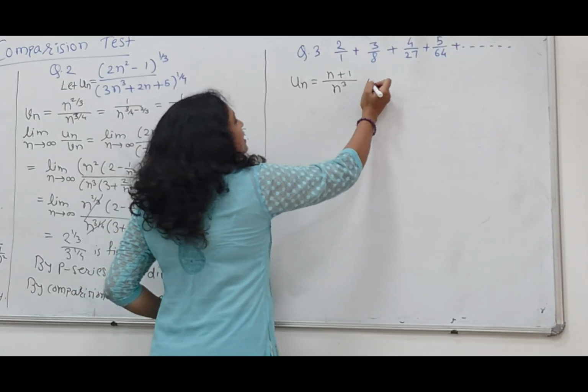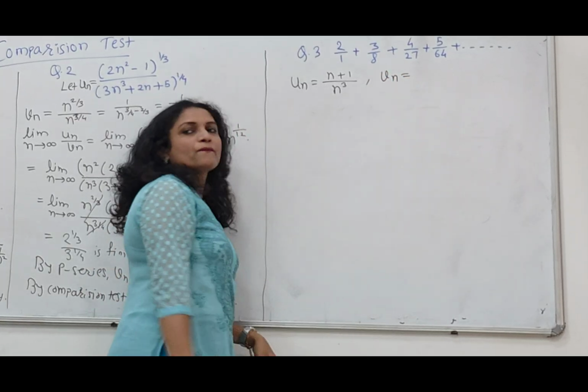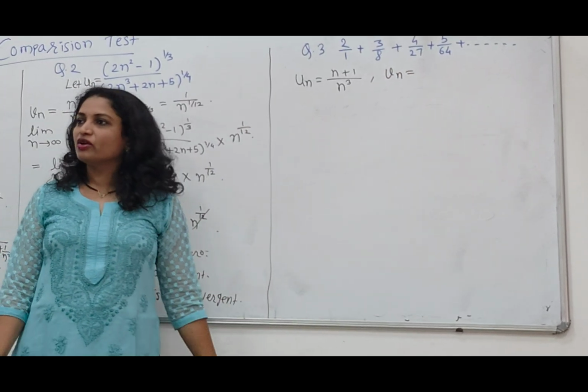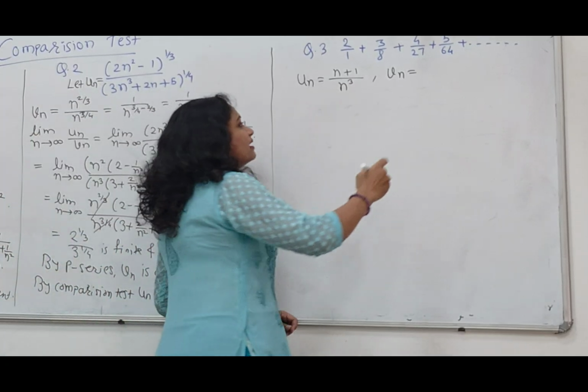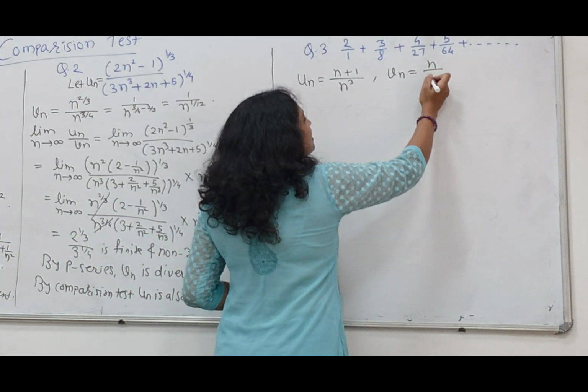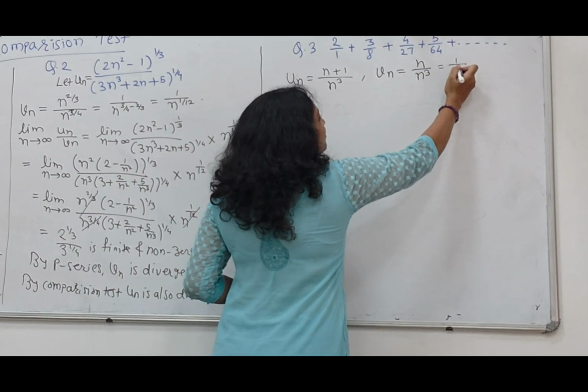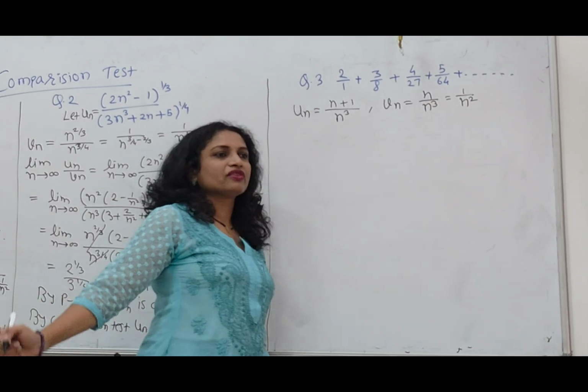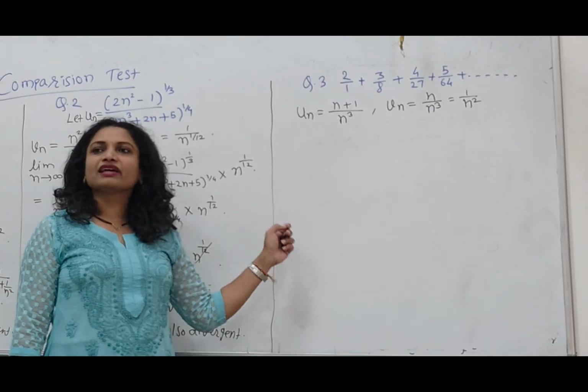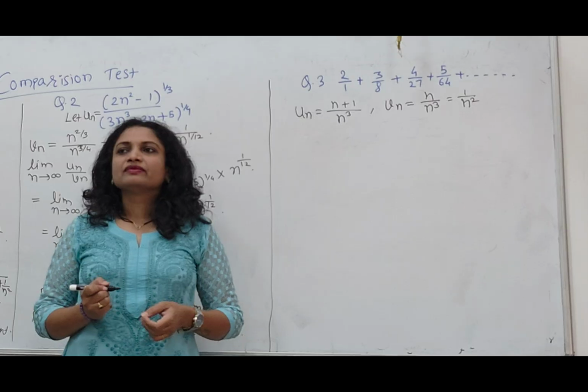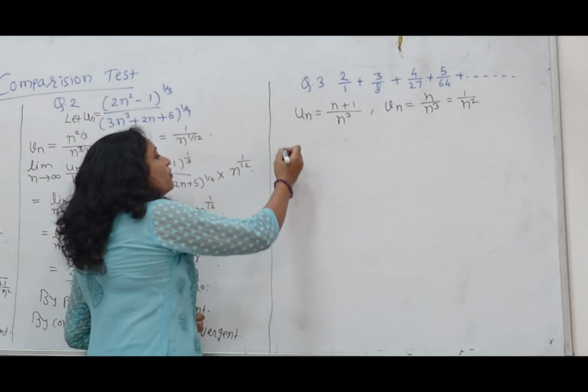So what about Bn here? What is the highest power of n in the numerator? N, that is n raised to 1. And what about the denominator? N cube. So totally it will be 1 upon n square. So this is your Bn. Once we get Bn, what is the next step? Ratio and limit. So what is the ratio?